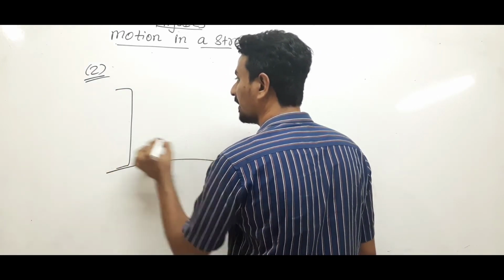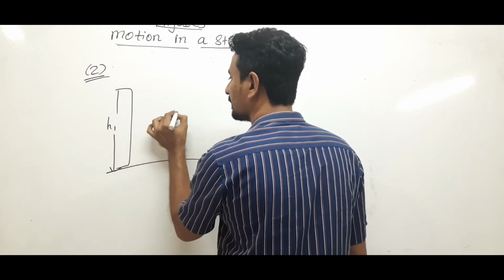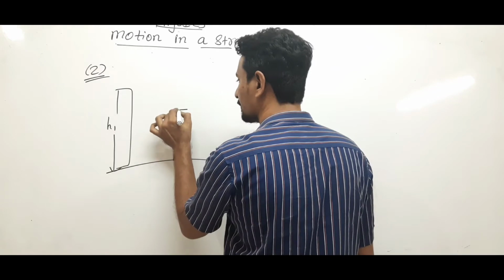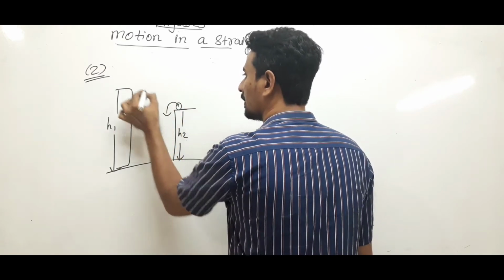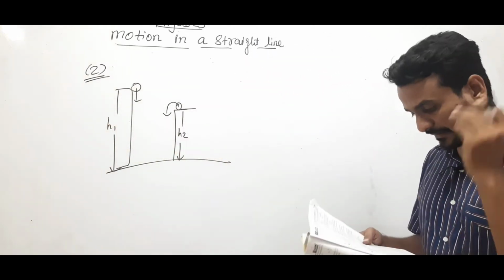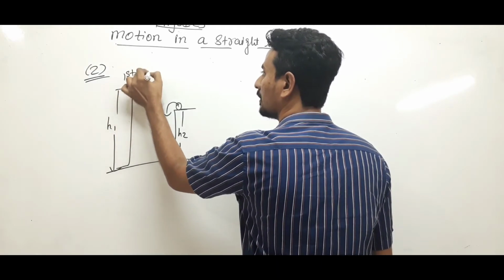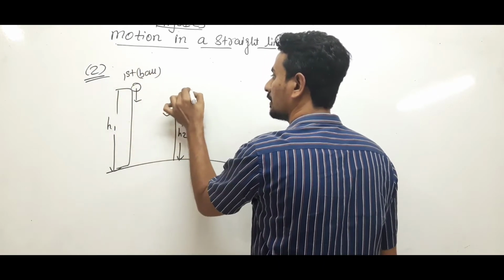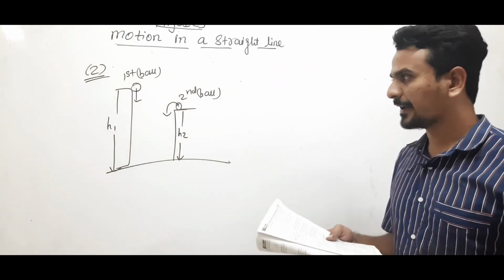Let us say this has height h1, and say this has height h2. You are dropping two balls from two different heights and at different instants. Let us say this is the first ball, and this the second.